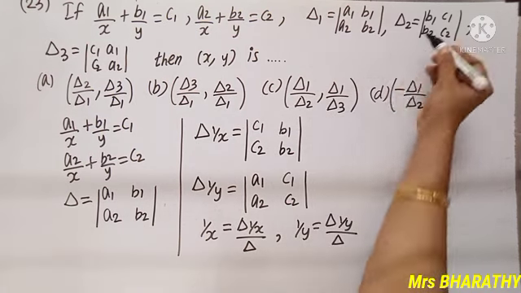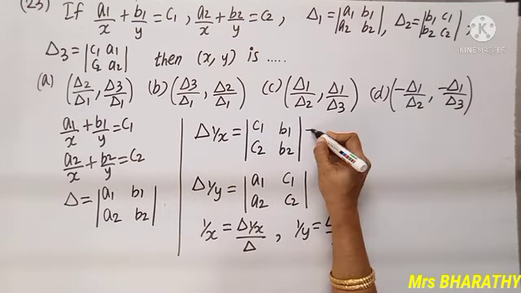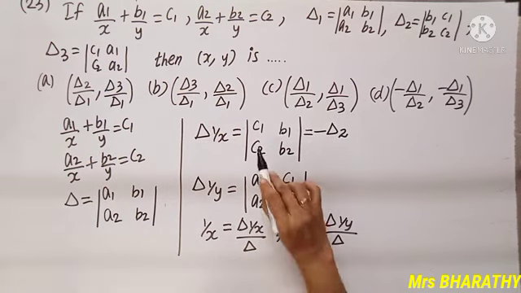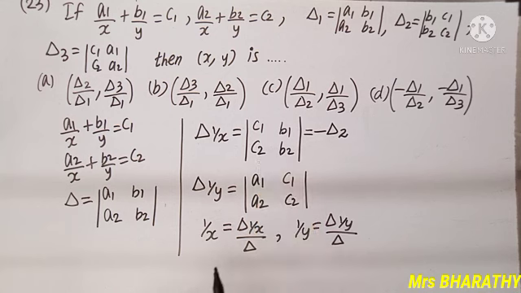So this and this are the same, but the sign is different because we have interchanged the two columns. So 1 by x is del 1 by x by del. 1 by x, when I reverse, it is x, which is del by del 1 by x.